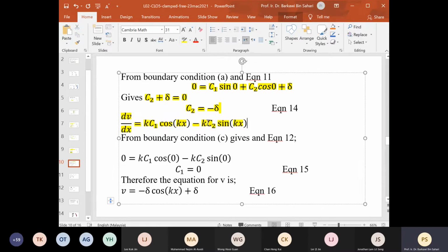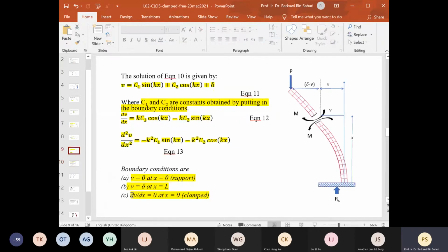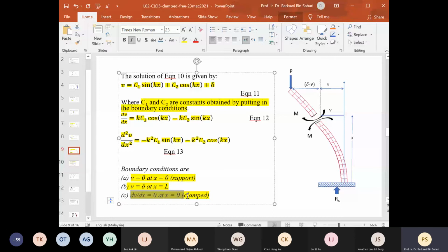Okay, so this is the derivative, and delta is a constant. Now the boundary condition: dv/dx equal to 0 at x equal to 0 at the clamp side.